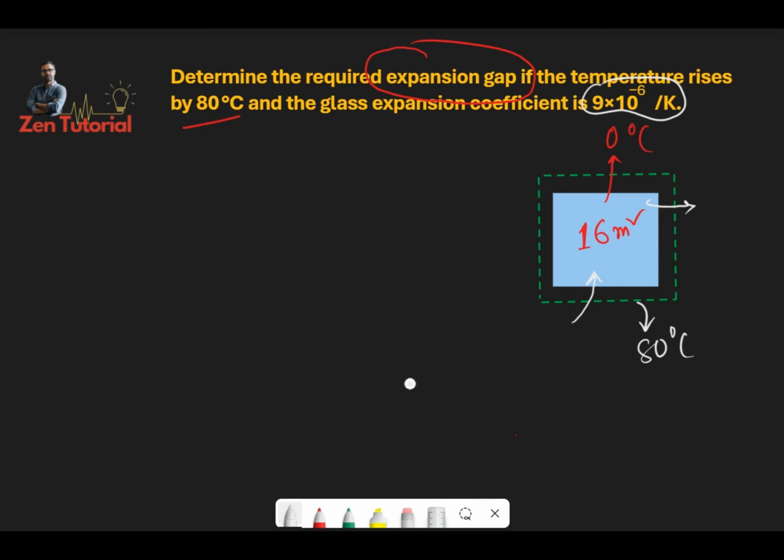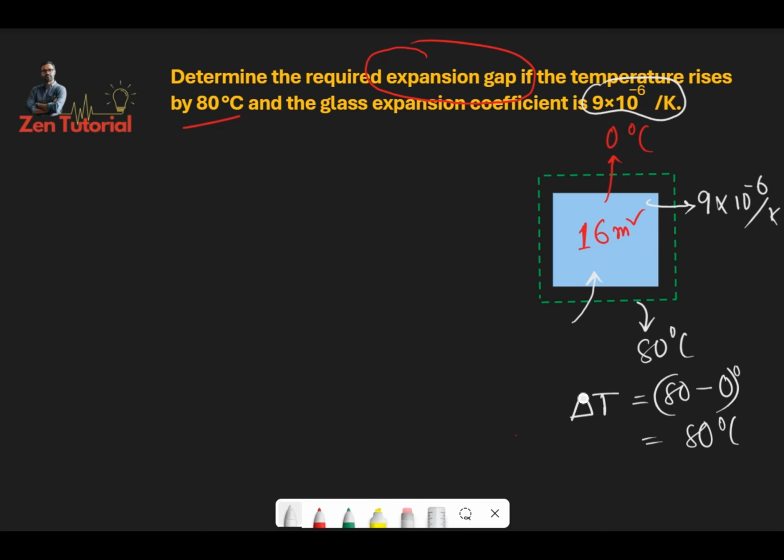So the temperature difference here, del T, is equal to 80 minus 0 degree Celsius. It means 80 degree Celsius.